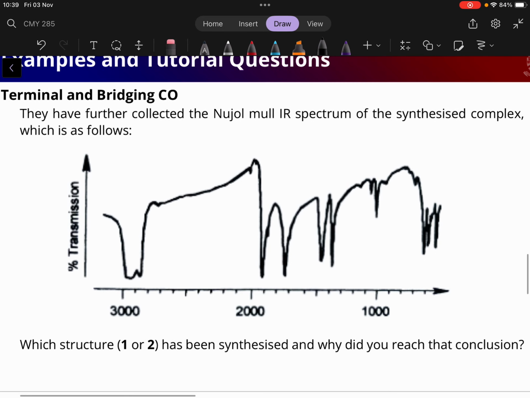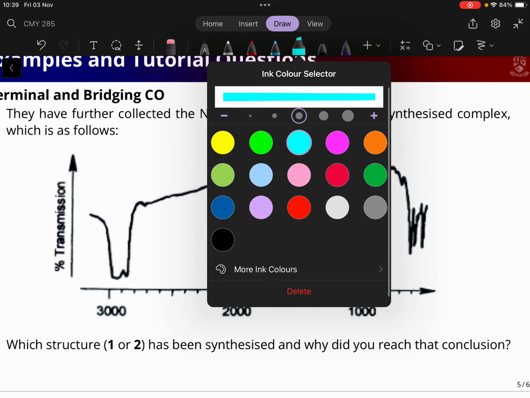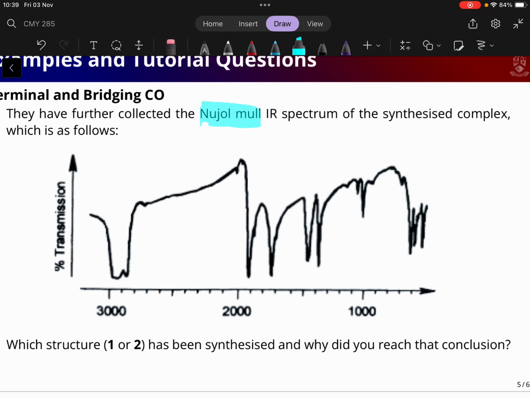Now, looking at the IR spectrum, the important information that we're given is that this spectrum is run in Nujol mull. So the mulling agent is Nujol, and that's something we also need to consider. Peaks from Nujol are not important in the spectrum.